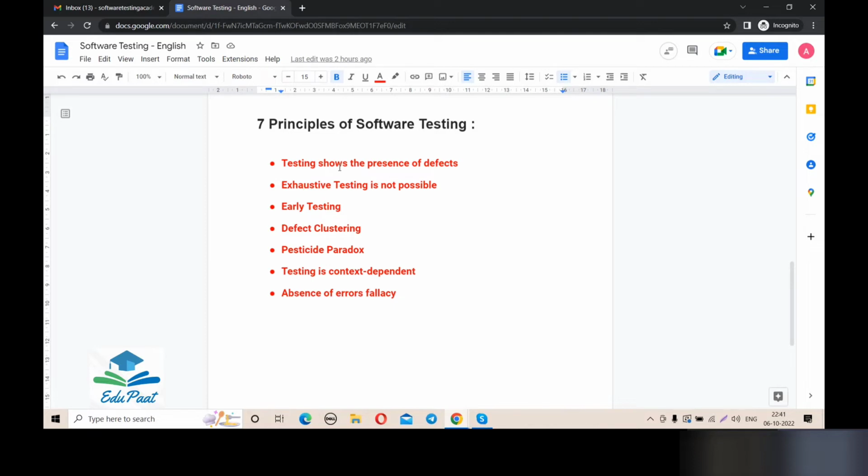Before developers start their coding, we have to test the requirement. For that, what will happen? Amending issues during the early stages of the project lifecycle is much cheaper and easier than amending issues at the end of the project.